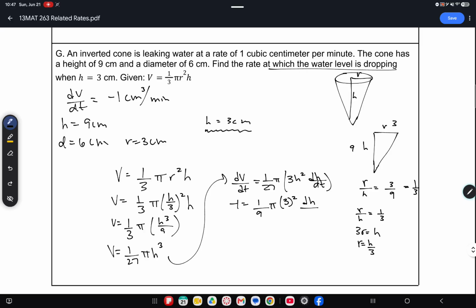The rate at which the water is dropping, so dH dt. 3 squared is 9, so those actually cancel out. So I have -1 equals pi dH dt, and then I can just solve that by dividing by pi. So -1 over pi. And dH dt, so that's going to be centimeters per minute.